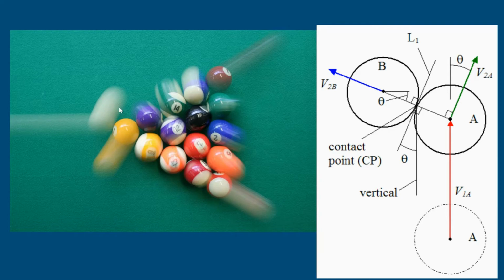And we can see here's the cue ball, and it's going to cause all of these balls to move in all different directions. So the amount of energy that was here hit these balls and caused them to move. So the energy was transferred from this one ball into many.